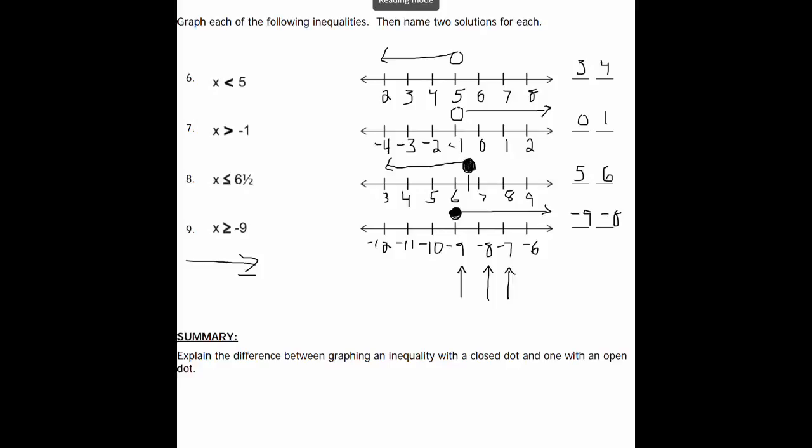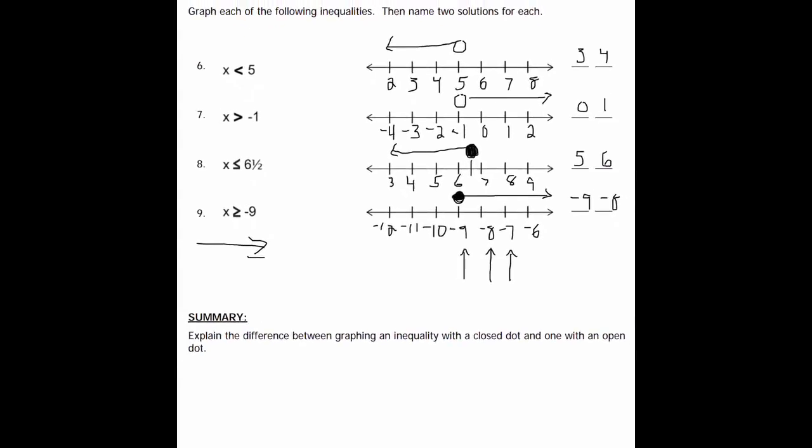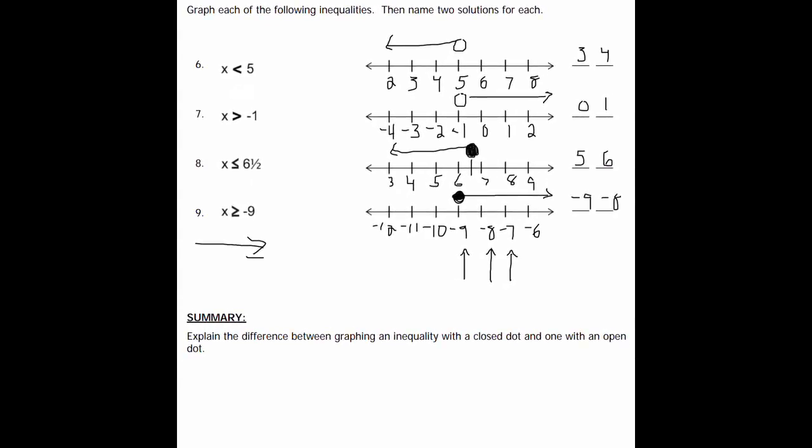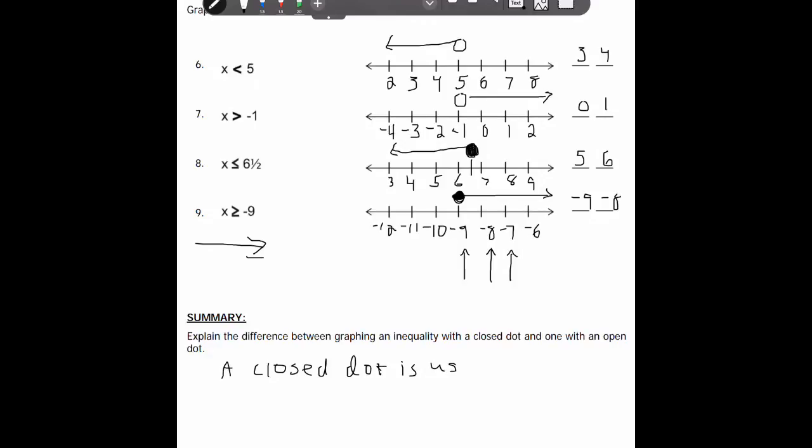All right, time to summarize. Nice job making it through this lesson. Explain the difference between graphing an inequality with a closed dot and one with an open dot. Well, a closed dot is used to represent greater than or equal to and less than or equal to.